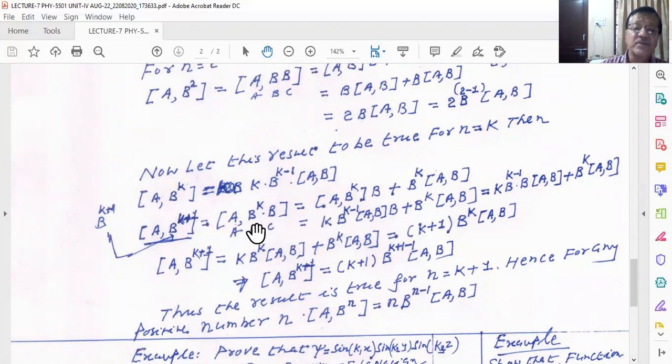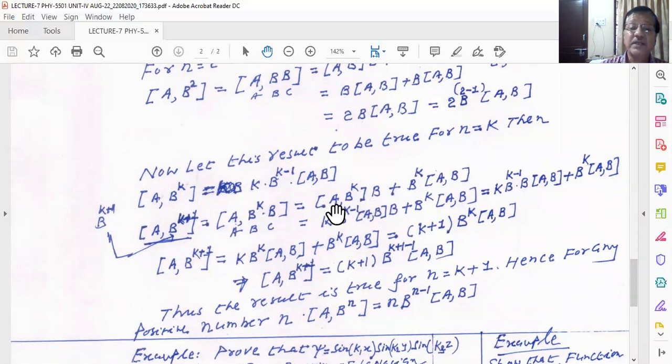So the commutator of A with B to the power of k operating on B, plus B to the power of k and the commutator of A and B. I think you can understand now, right?